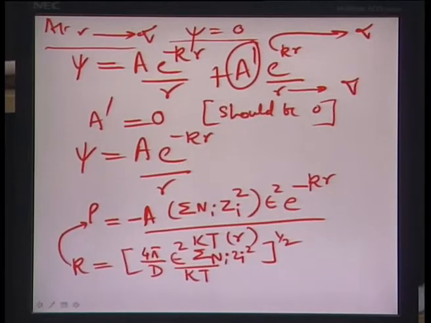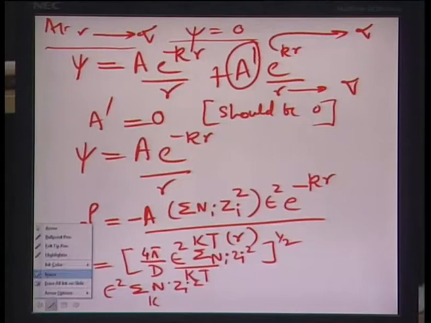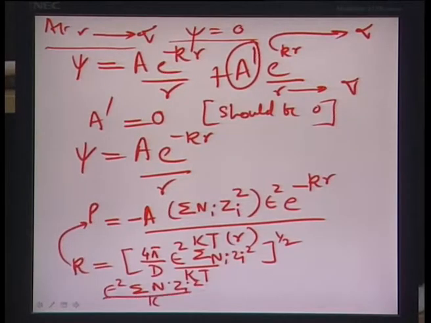So, essentially from here we can have an expression wherein the epsilon square sigma n I z I square by k t term, where this k is the Boltzmann constant, is represented as d by 4 pi small k square.